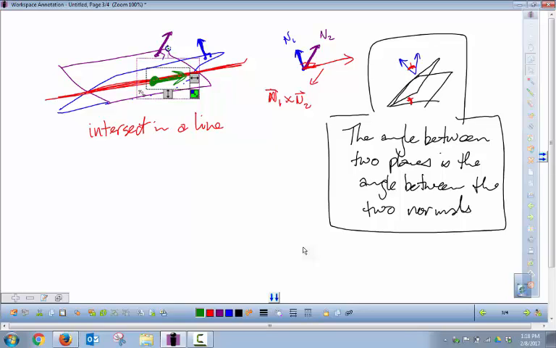So we have a direction. Oscar wants to find a point. Finding the point is a little trickier now. I don't want to say it's guessing, but it's guessing.